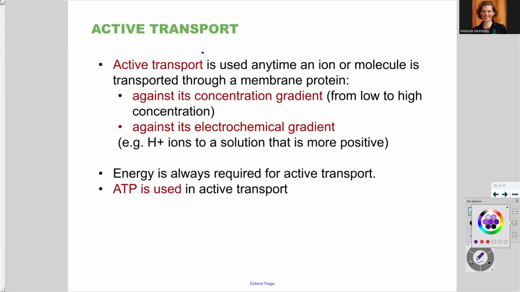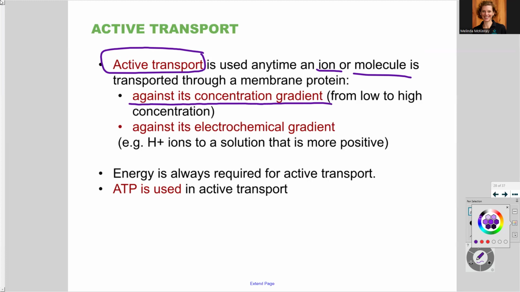Okay, so active transport, it's going to be used anytime that we have an ion or a molecule that's being transported through a membrane, okay? And it's going to go against the concentration gradient.